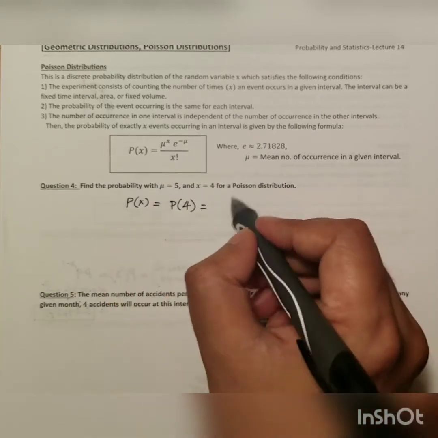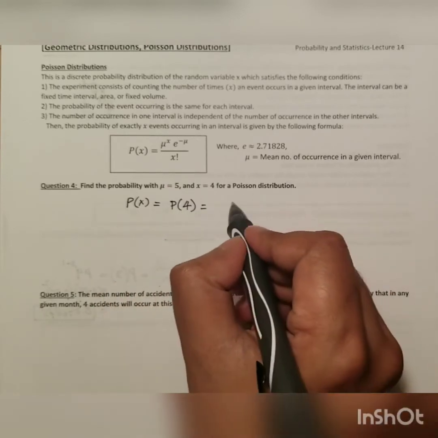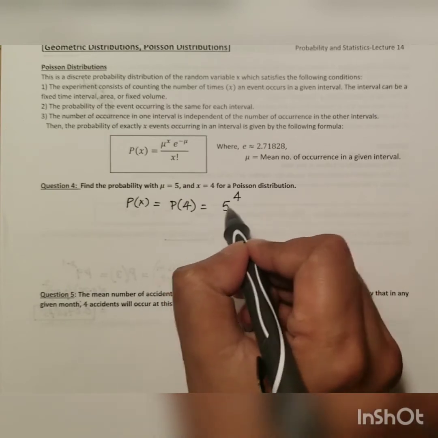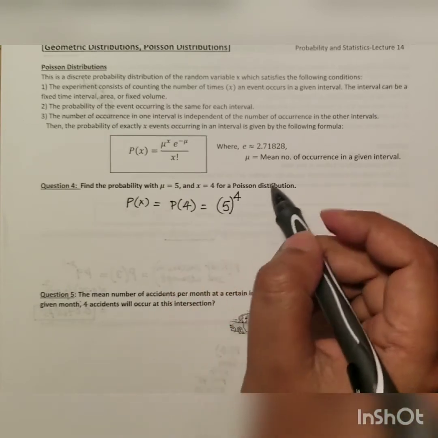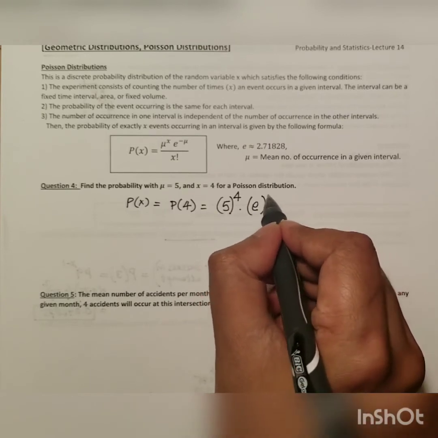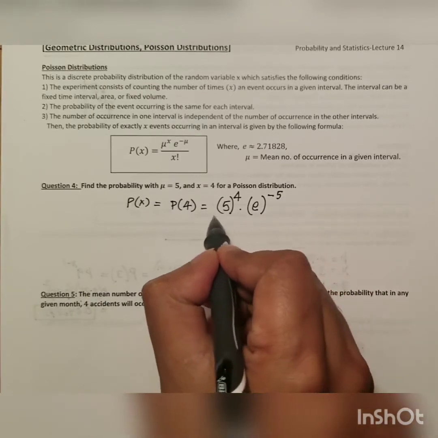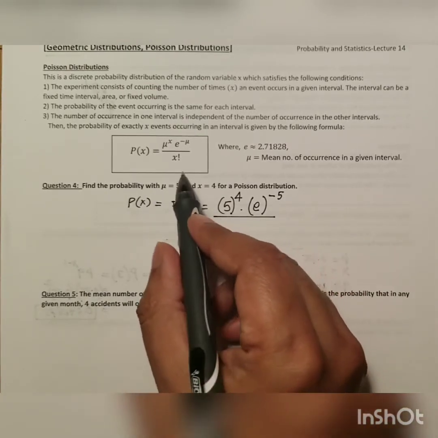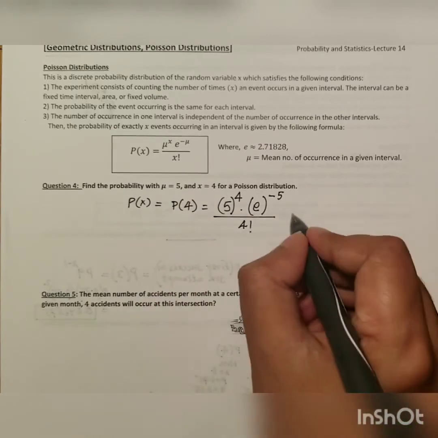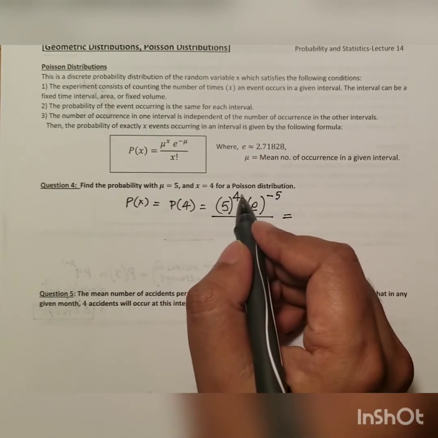So mu to the x, and mu is 5, so 5 to the 4, times e to the negative mu. Mu is 5, so e to the negative 5, divided by x factorial, which is 4 factorial.